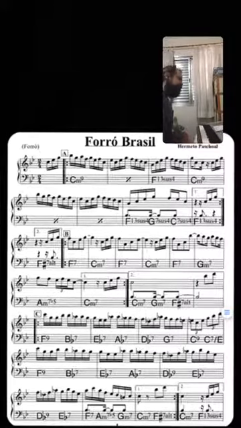And then we can substitute the eighth notes for this rhythmic division.